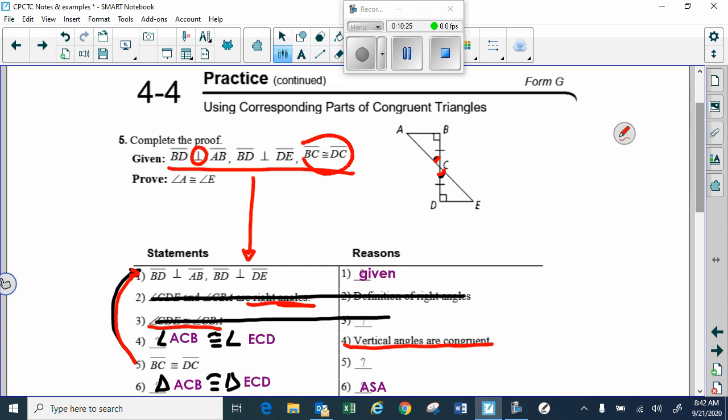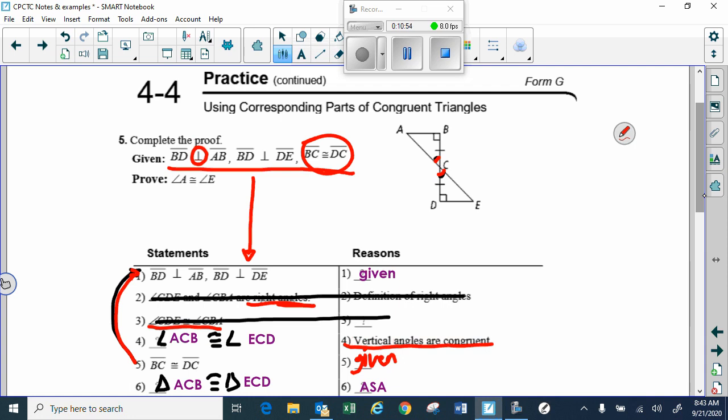See, they left out this given right here, and they put it way down here in step 5. I've always been taught, and there's no reason not to, to put all of your givens in the first statement. So that again would be given, because that was given to you. And now we have the two triangles are congruent by ASA. Put them in corresponding order.